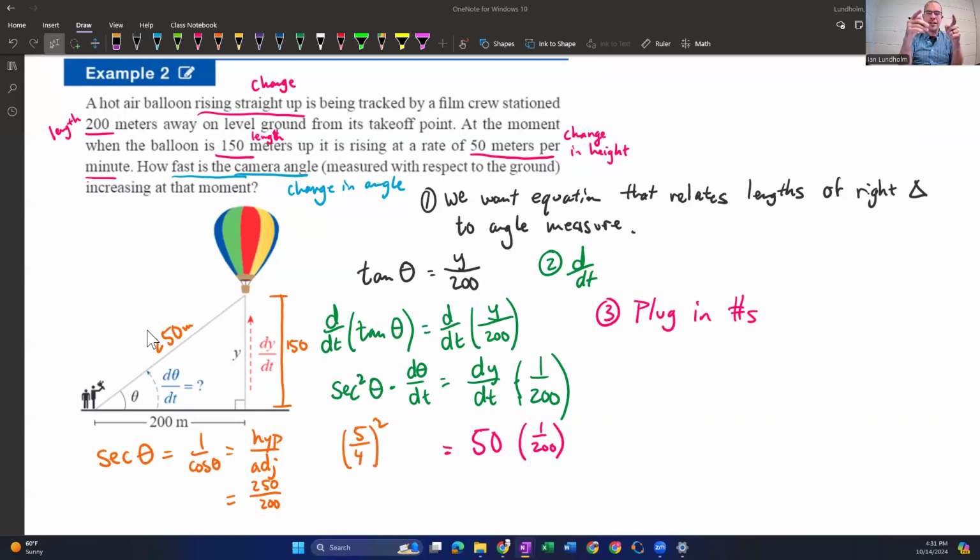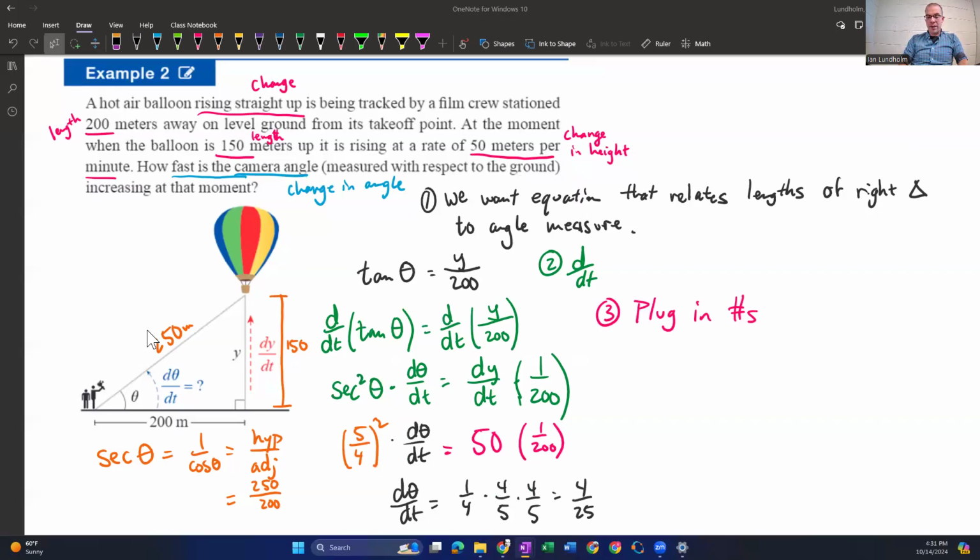And then d theta dt is the thing that we're solving for, so we just let that chill and reduce the rest of this. 50 over 200 is 1/4. So d theta dt is equal to 1/4 times 4/5 squared. That gives us 4 over 25.